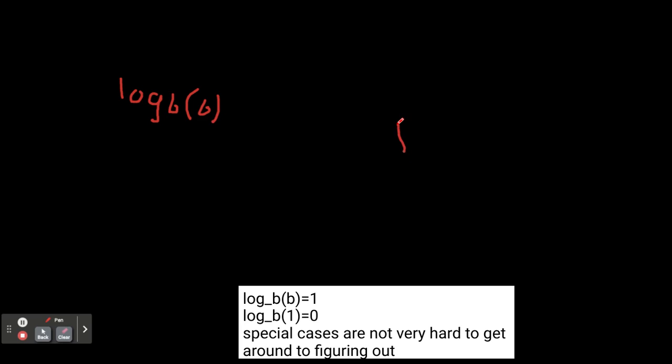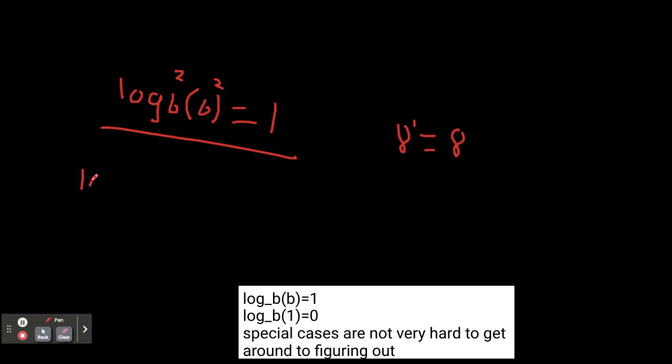Well, what exponent do you give a number to equal itself? Well, that's pretty simple. That's just a 1. So in this case, when you have a log of b, and the next number is b, the exact same number, and you're trying to get the exponent, that will always be 1.